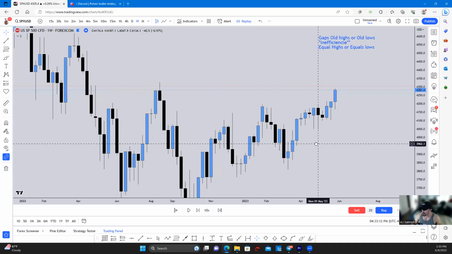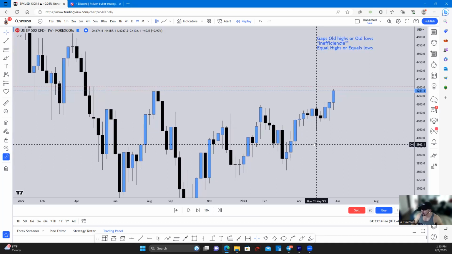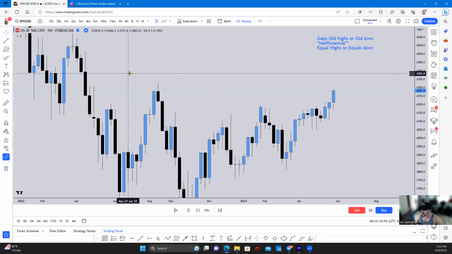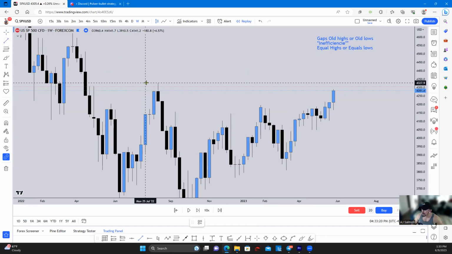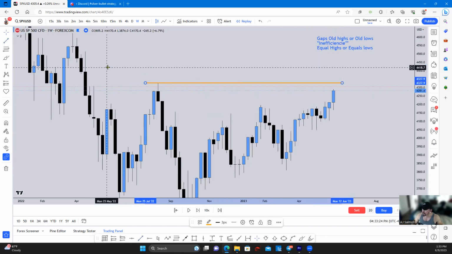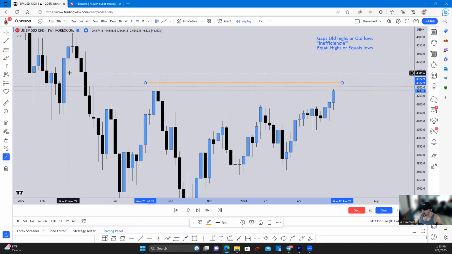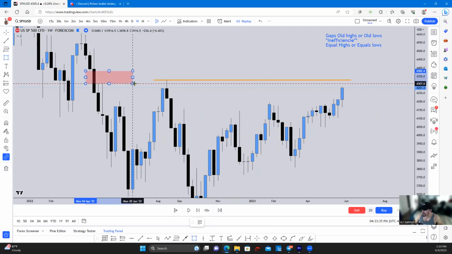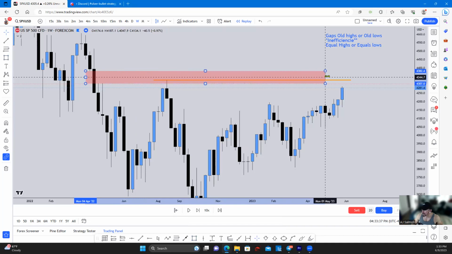All right. So if we're on the weekly here, we want to mark off old highs or old lows. Okay. So here we look left, we have an old high here. We also have a gap here that lines up.